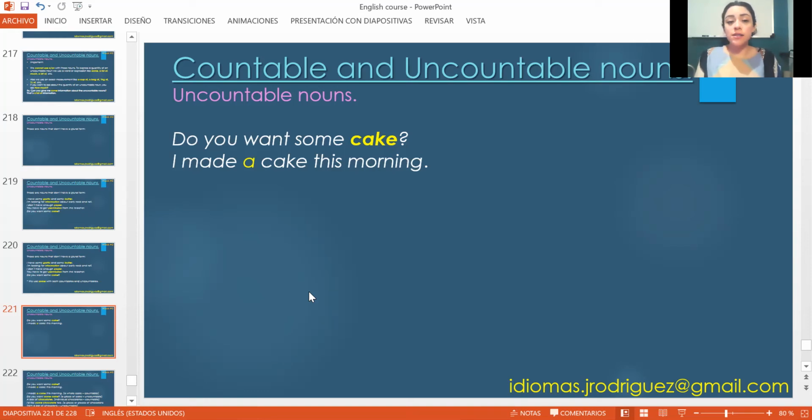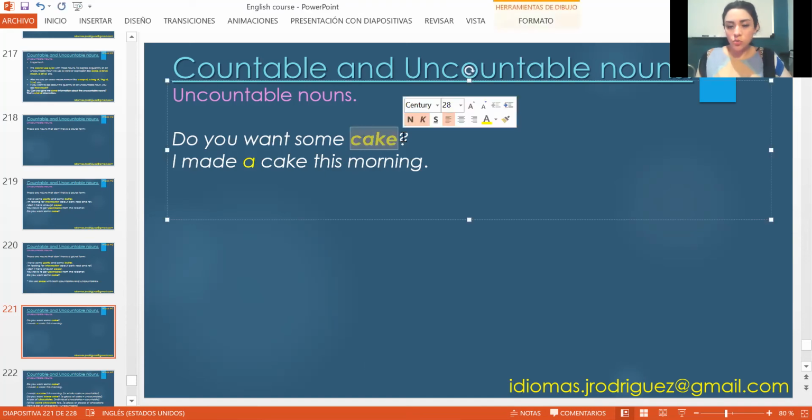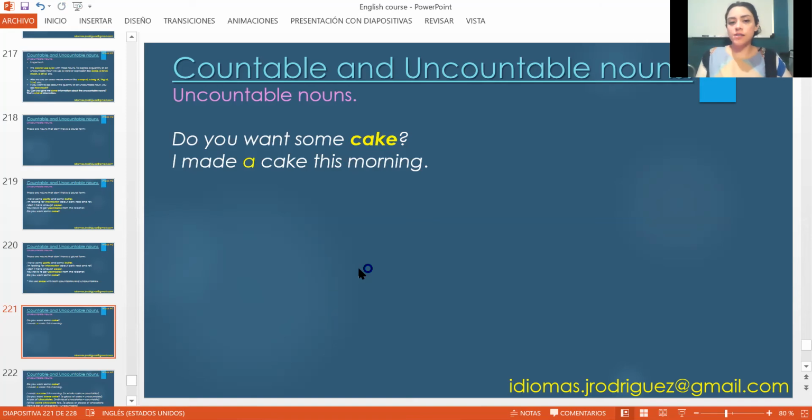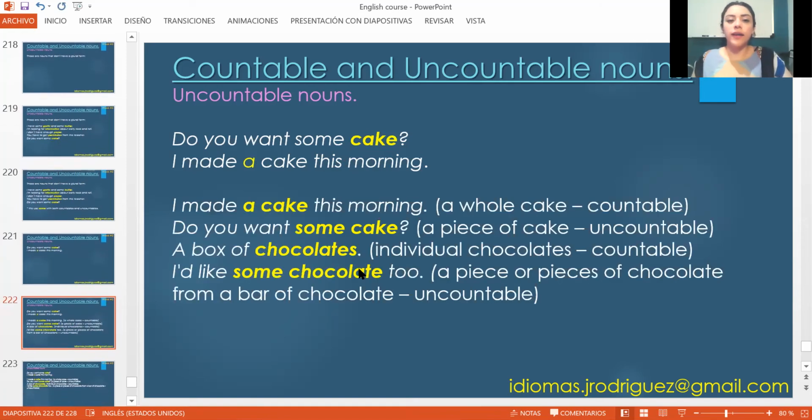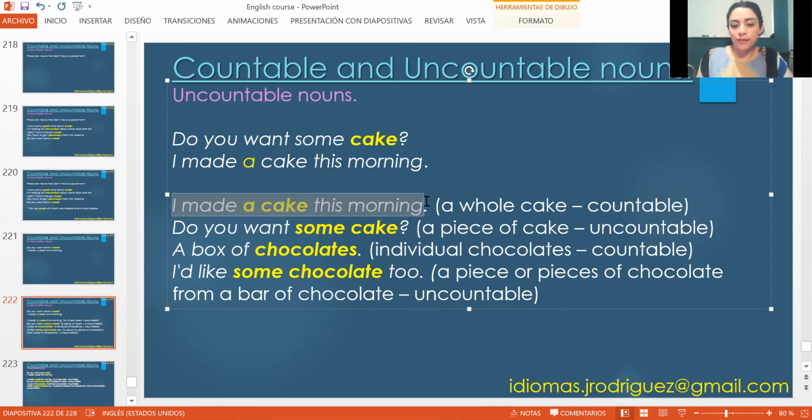Si quisiera saber si quieres el pastel completo, preguntaría, ¿Do you want a cake? ¿Quieres un pastel? Ok, entonces fíjense bien. A veces los sustantivos pueden ser countable or uncountable. Depende siempre del contexto.